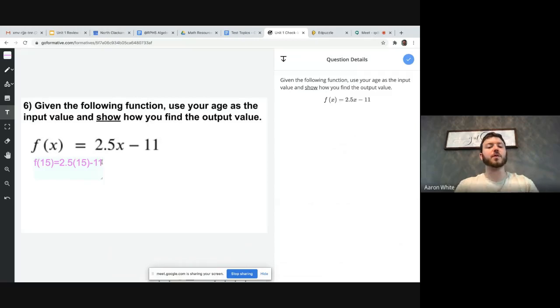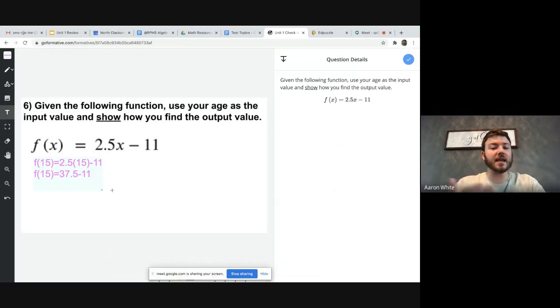You're plugging 15 into the equation, and we would still say F of 15 equals, and so let's see, 15 times 2 is 30, and half of 15 is 7.5. So this would be 37.5, I believe, minus 11.